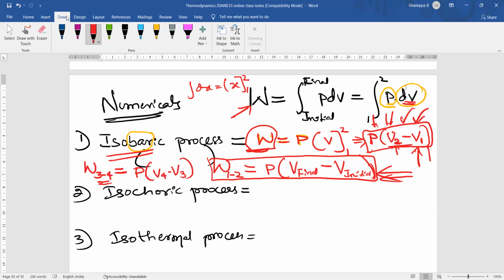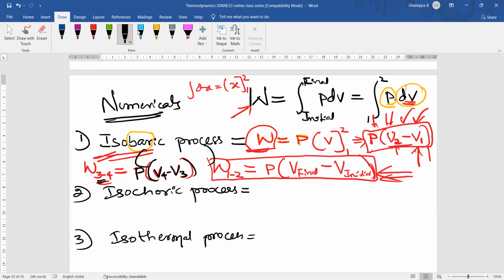It depends on the process. In a given numerical there may be many processes: 1 to 2 is one process, 2 to 3 second process, 3 to 4 third process, 4 to 5 fourth process, like that. So if 3 to 4 is an isobaric process, the pressure during the process 3 to 4 will be constant, multiplied by the final volume, that is V4, minus the initial volume, that is V3. This is the formula.